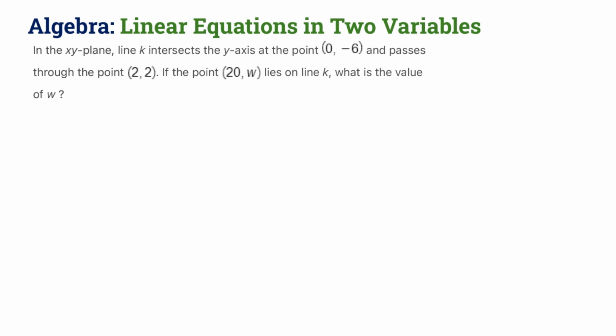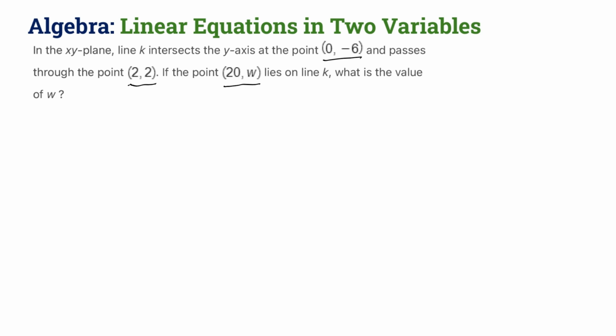We continue our series of solving hard SAT problems, and we start off with the algebra portion. Here we're given a line K that intersects the y-axis at point (0, -6), and another point (2, 2), and we have to find the value of W if the same line K passes through point (20, W).